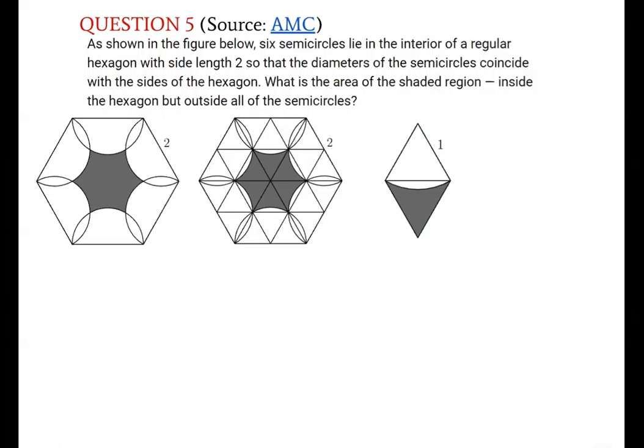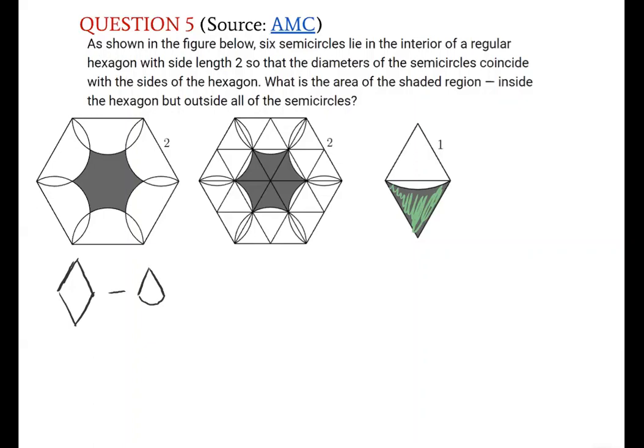Okay. So let's just call this shaded region in here green. This green region, we're going to find that. To find this green region, you have to first find the area of the entire rhombus, and then subtract the area of the white region, which is just part of a circle.